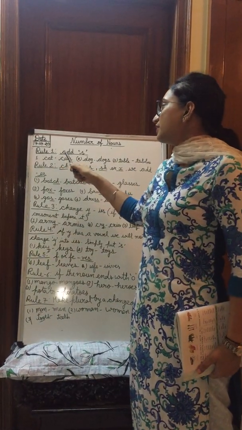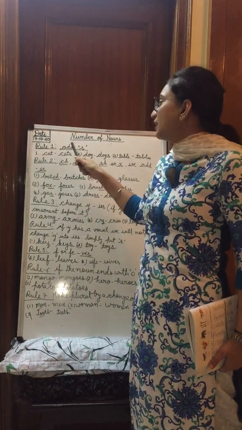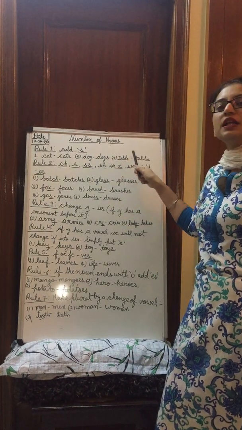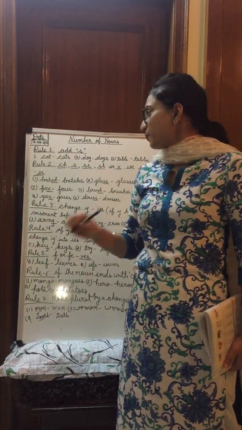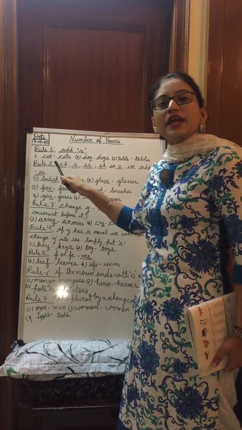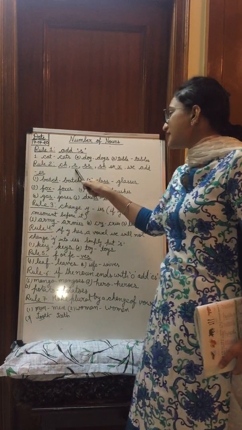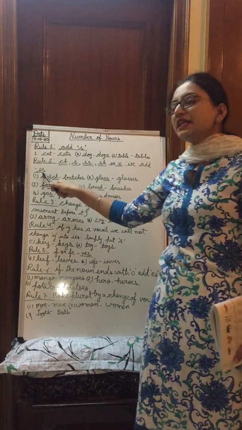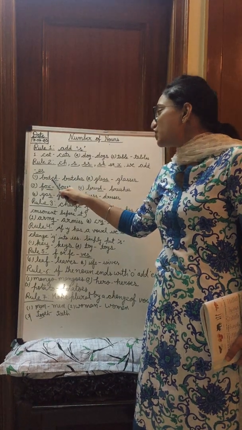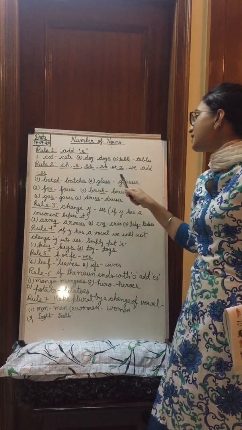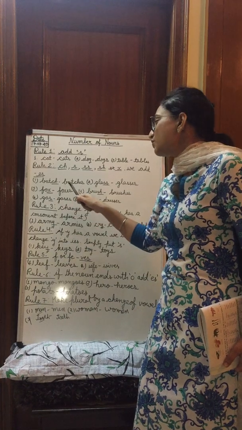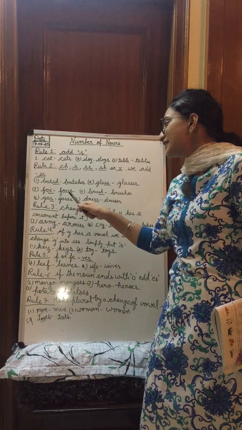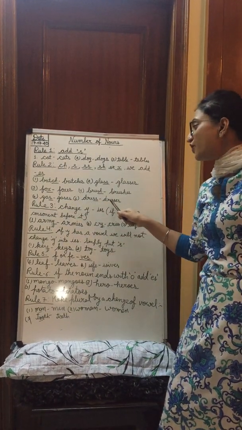So rule number 1, simply add s, like cat, cats, dog, dogs, table, tables. Rule number 2, if the noun ends with ch, s, ss, sh or x, we add es, like batch, batches, glass, glasses, fox, foxes, brush, brushes, gas, gases, dress, dresses.